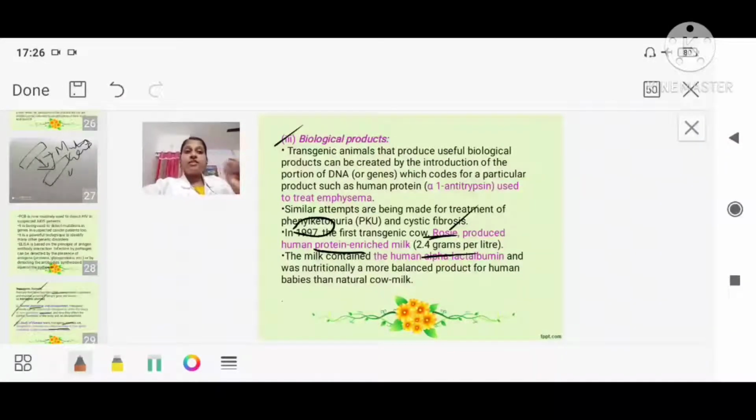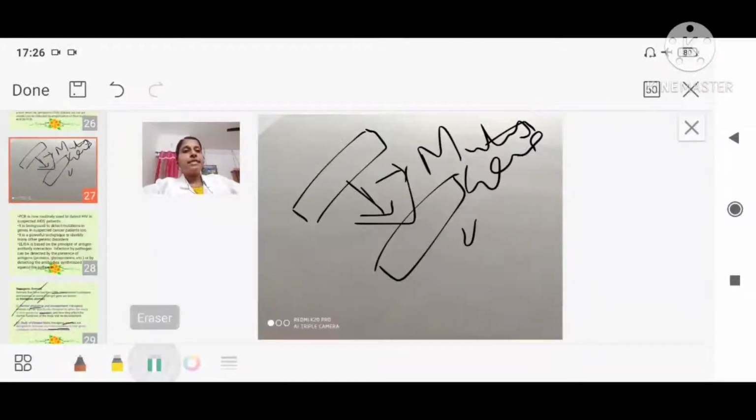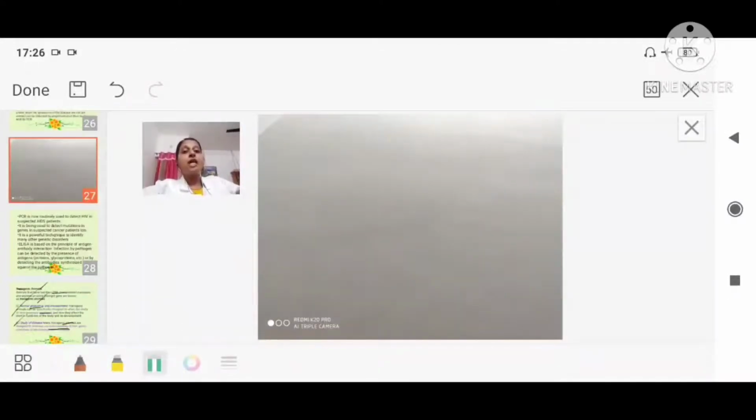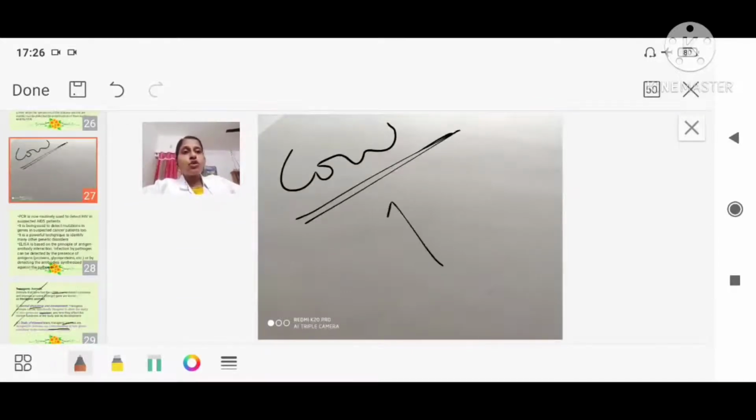Okay, and this is a very nutritional supplement, a protein supplement, which is given to the baby in case this milk is taken. So like that, we developed a transgenic cow. So in this cow, what was introduced? The gene which is coding for human alpha lactalbumin.